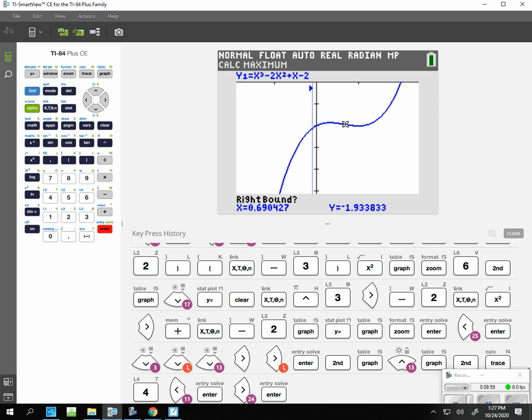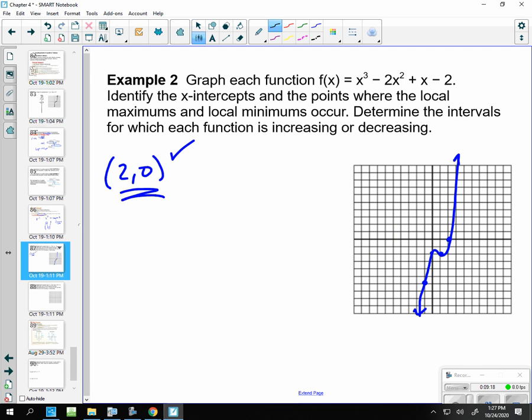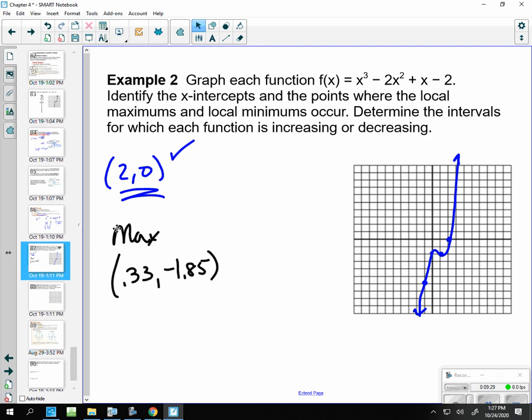So look, I went on either side of that particular curve and I hit enter. Then I get 0.33, rounding to 2 decimal places, and -1.85. So I'm going to go back to my screen and write that down. I got a max at (0.33, -1.85).